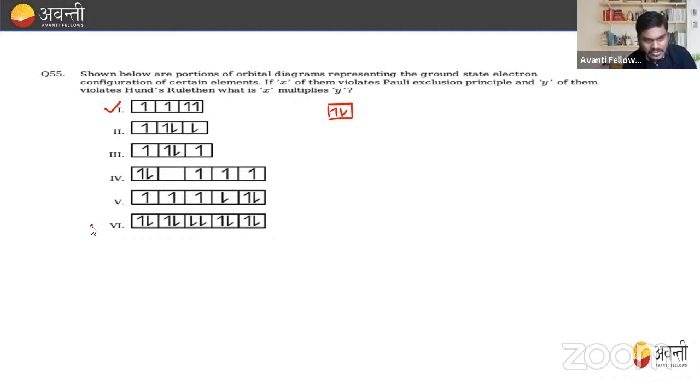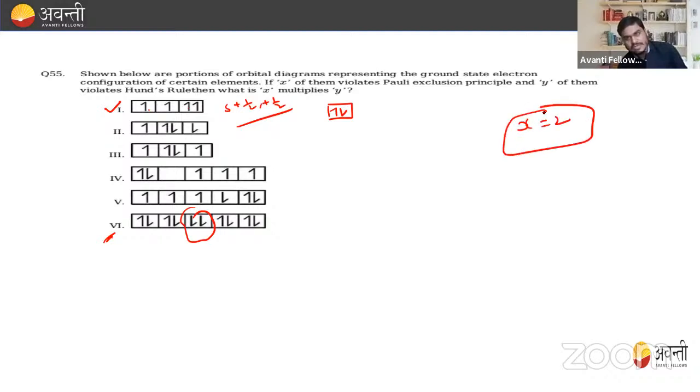This will violate Pauli exclusion principle, because just observe, these two electrons have a similar orientation, both having spin plus 1 by 2, which is not possible. It will be plus 1 by 2 and minus 1 by 2, clockwise and anticlockwise. So this violates which law, beta? Pauli exclusion. And the last one also violates Pauli exclusion. So X comes out to be 2 here, because these two violate Pauli exclusion principle.